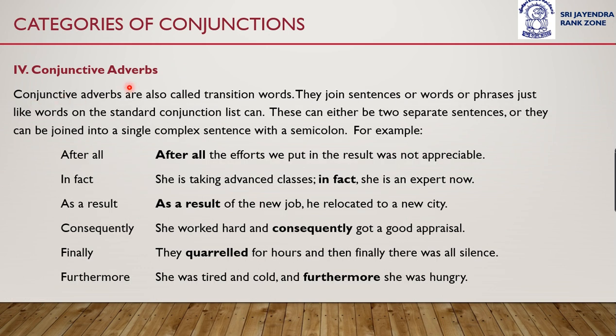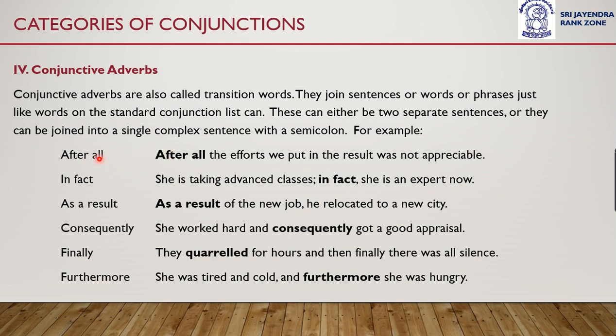The fourth kind of conjunction is conjunctive adverbs. Conjunctive adverbs are also called transition words. They join sentences or words or phrases just like words on the standard conjunction list. They separate sentences, or they can be joined into a single complex sentence with the help of a semicolon. So conjunctive adverbs help one phrase transition into a second phrase.